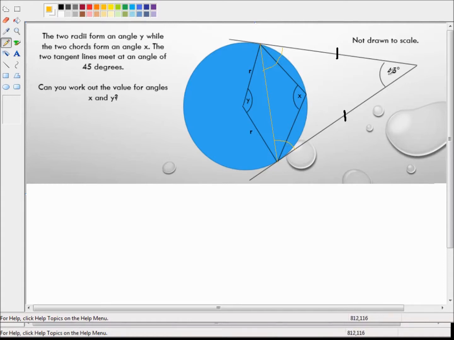So if this is 45 degrees, then these two angles are going to be 180 degrees minus 45 degrees, and the whole lot divided by 2.